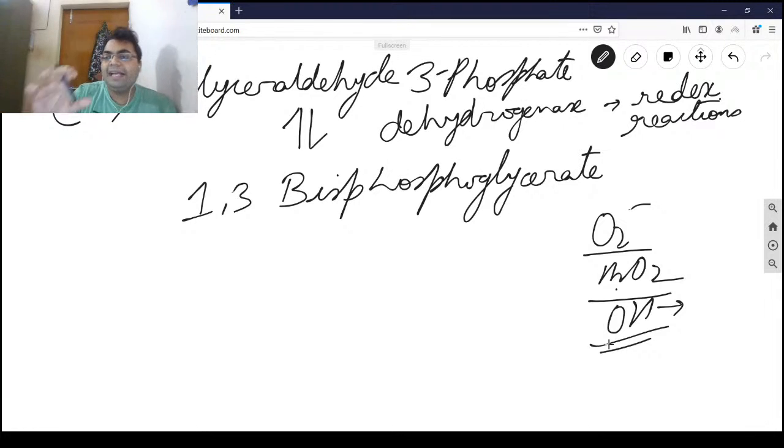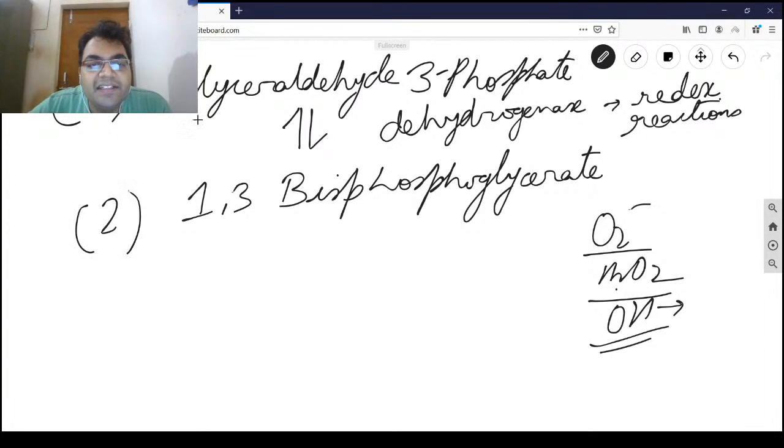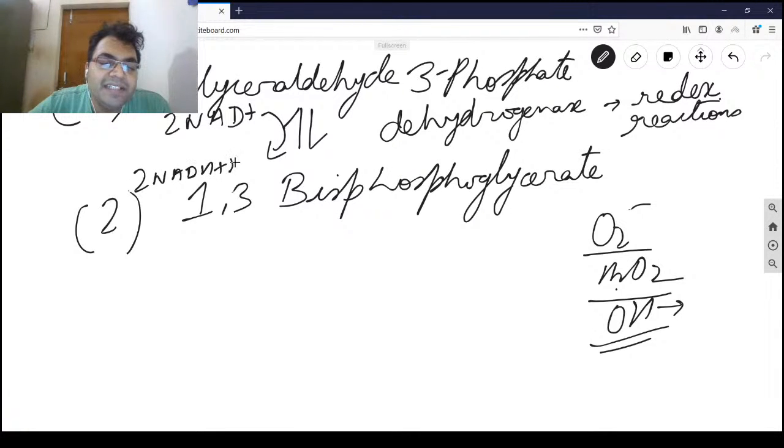So what you need is that electron to be quenched. Who will quench it? There is a special molecule known as NAD+. So 2 NAD+, one for each, will be converted to 2 NADH plus H+.